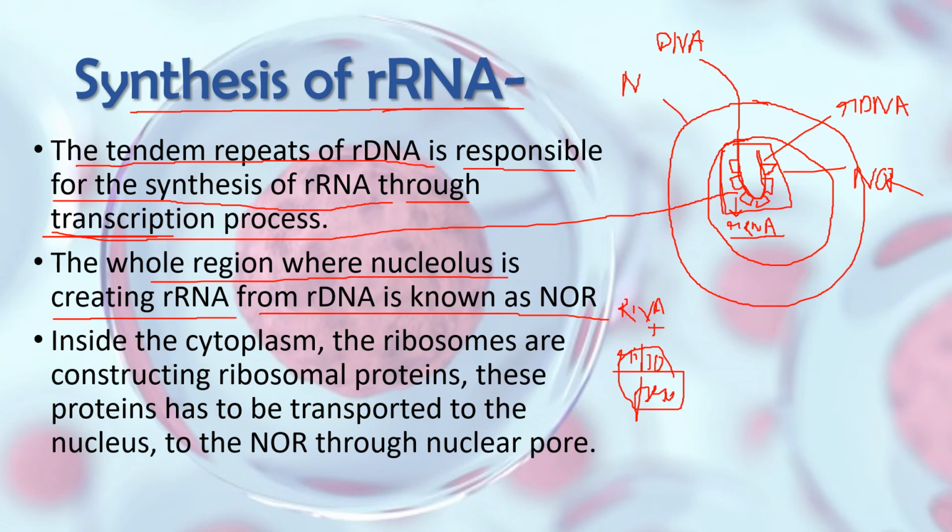This is our nucleus, and these are nuclear pores. So we have to get out from the nucleus to the cytoplasm to get our ribosomal proteins. This is the cytoplasm.